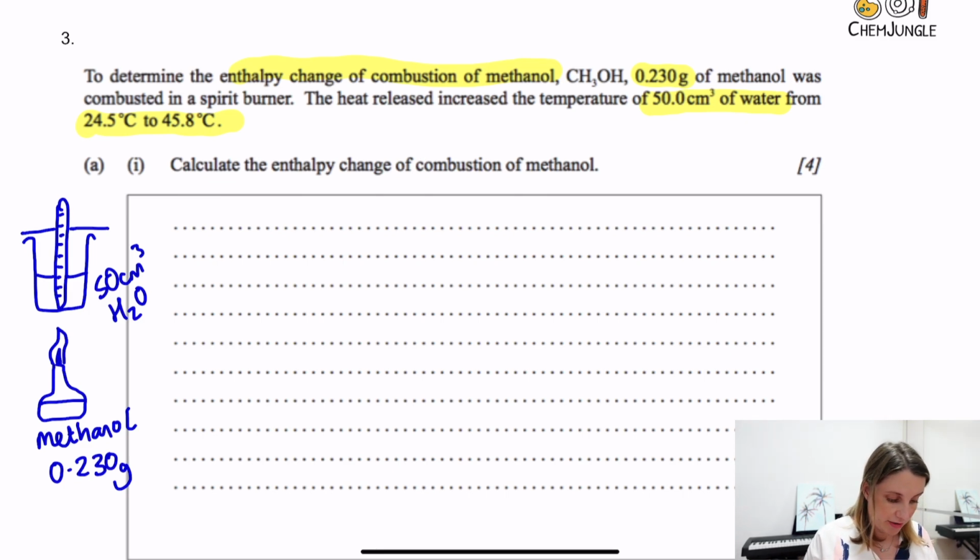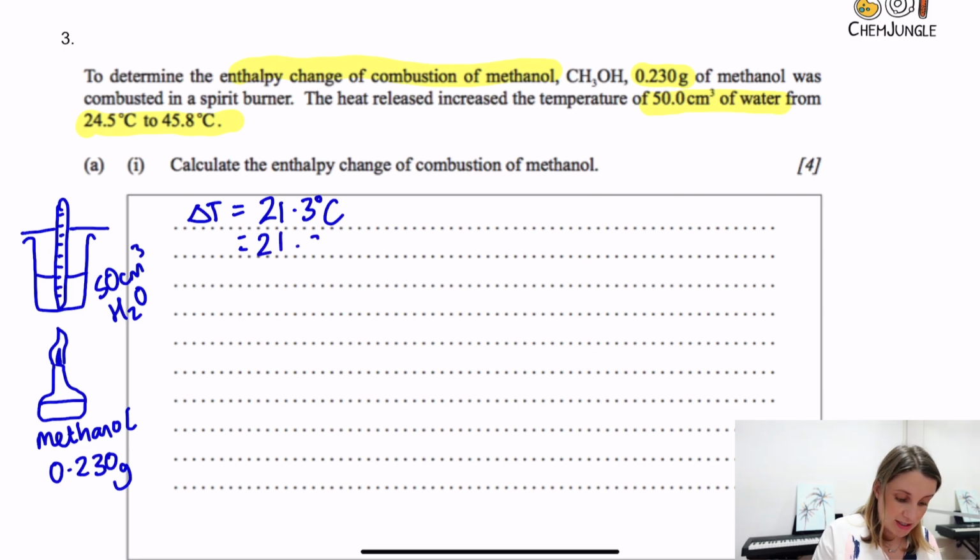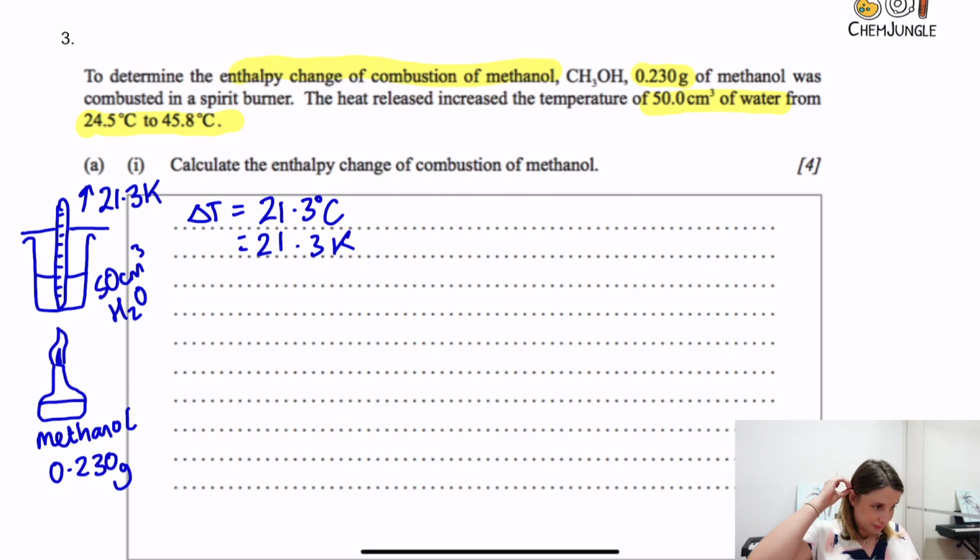They said that it went from 24.5 to 45.8 degrees, which is a delta T of 21.3 degrees C, which equals 21.3 Kelvin overall. So this is going up, which you would expect if you're doing combustion, by 21.3 Kelvin overall.